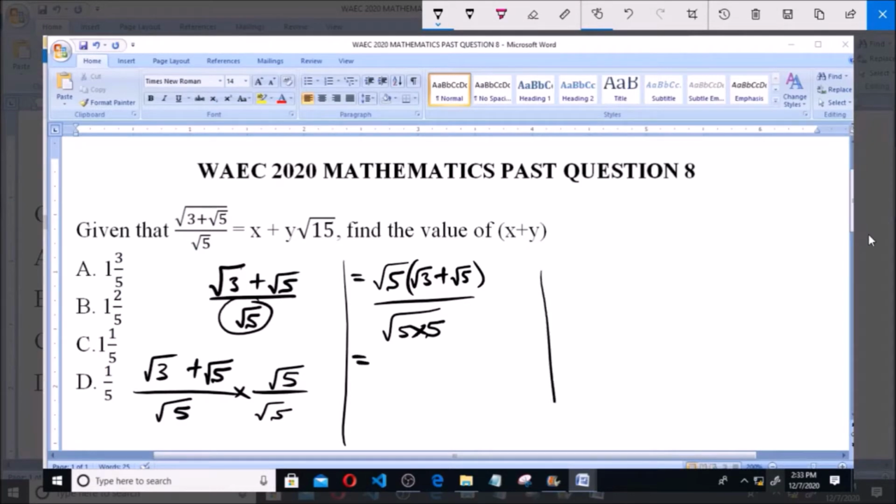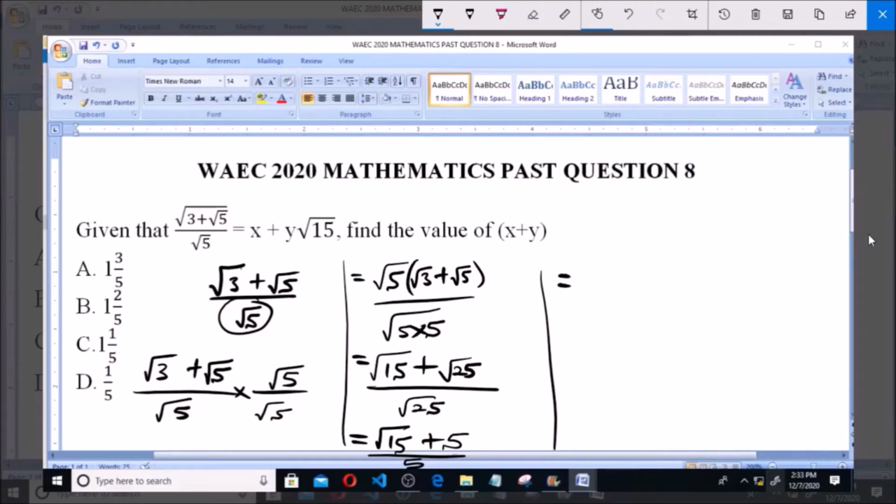This will give us root 5 times root 3, which gives root 15, plus root 25, all over root 25. Now this is equal to root 15 plus 5 all over 5. This 5 was gotten from root 25, which is 5.